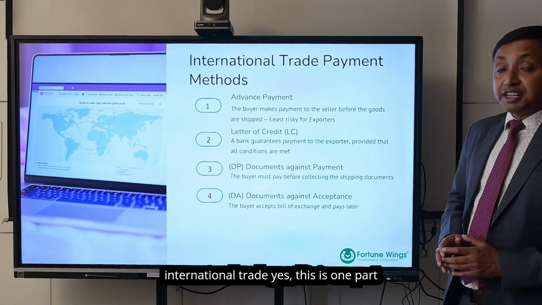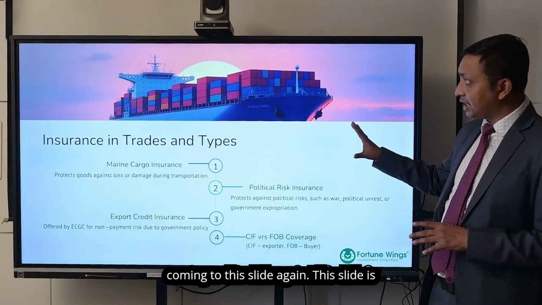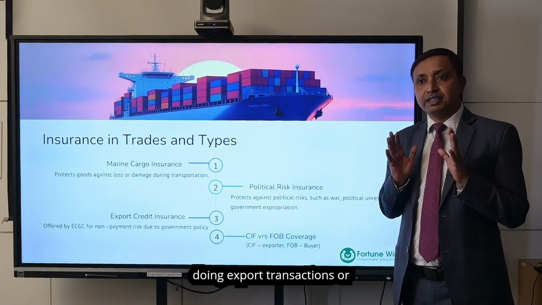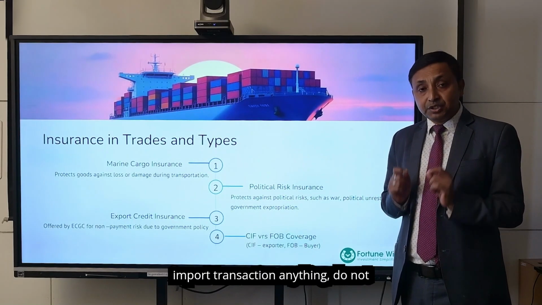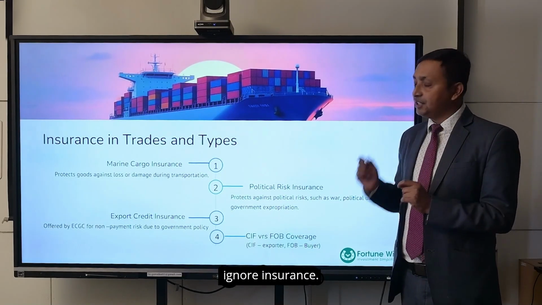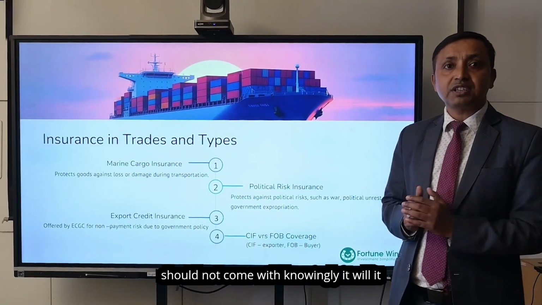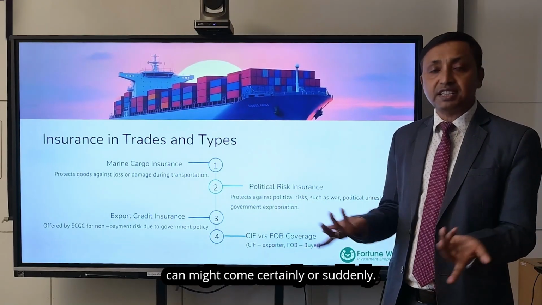Now in international trade, this is one part, the insurance. As I've told you, I'm coming to this slide again. This slide is very, very important. Whenever you are doing export or import transactions, anything, do not ignore insurance, because uncertainties will not come with knowledge. They might come suddenly.